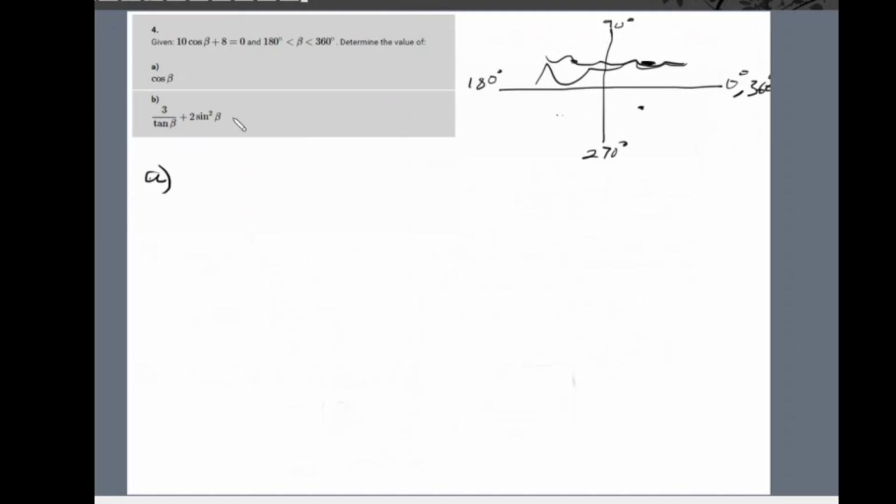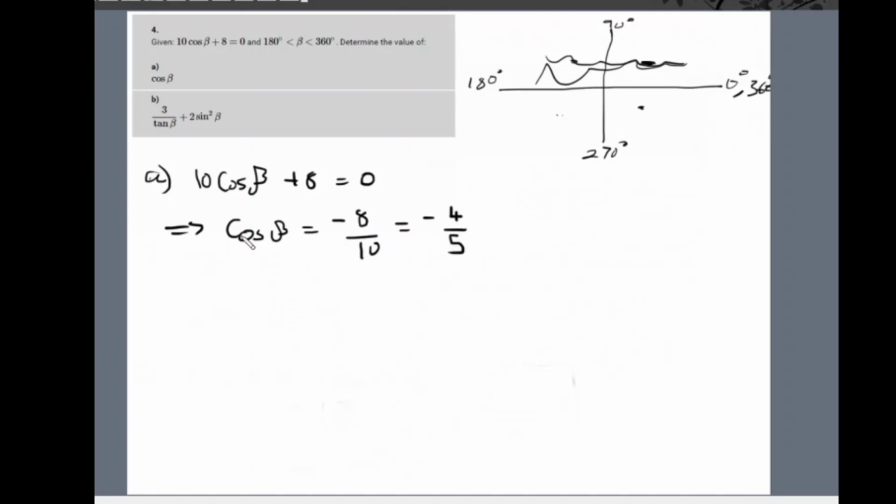So from this statement, 10 cos beta plus 8 is equal to 0, implies that cos beta is equal to minus 8 over 10, which is equal to minus 4 over 5.